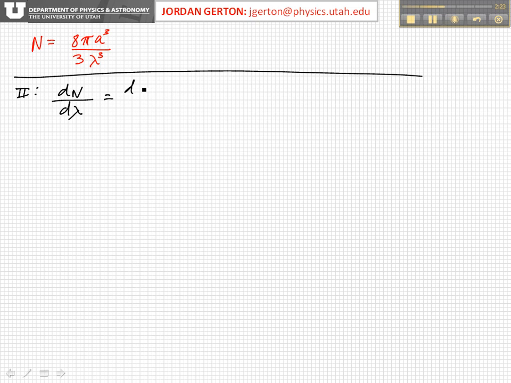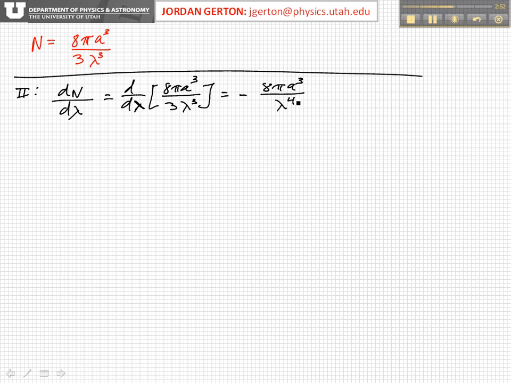Okay, so this is just d by d lambda of 8 pi a cubed divided by 3 lambda cubed, and if you do the differentiation, this is equal to minus 8 pi a cubed divided by lambda to the 4th.